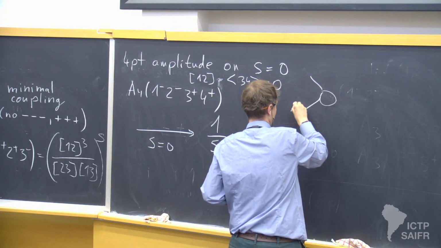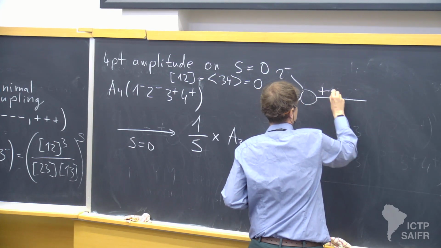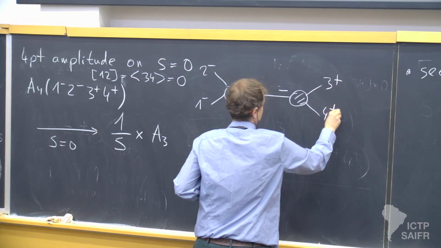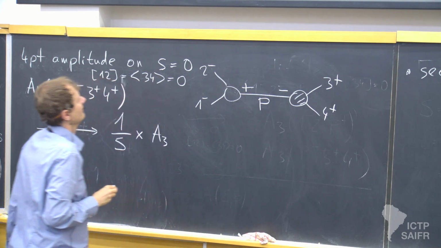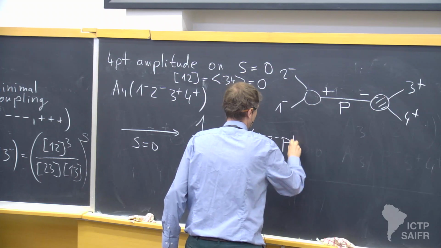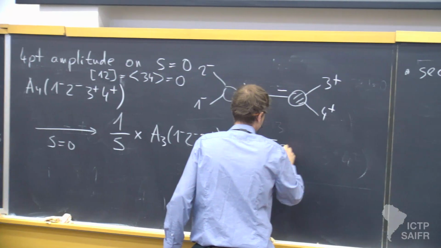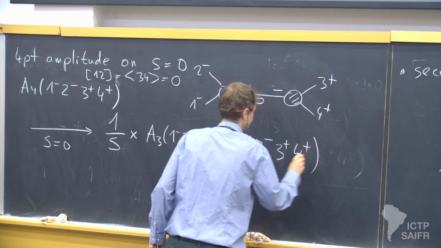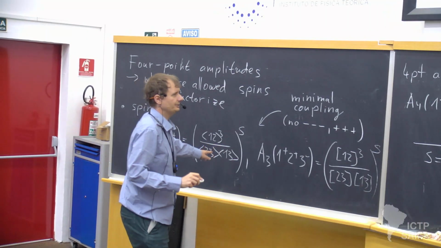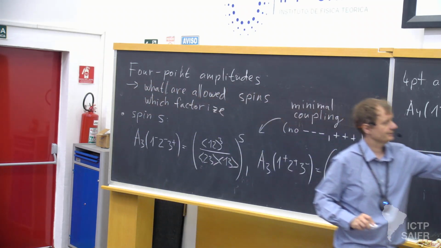So I draw the picture here again. This is plus, minus, plus, plus. This we denote P. So it's an amplitude 1 minus, 2 minus, P plus, times the amplitude P minus, 3 plus, 4 plus. And we can plug in the formulas. We just have to relabel things to match the labels.